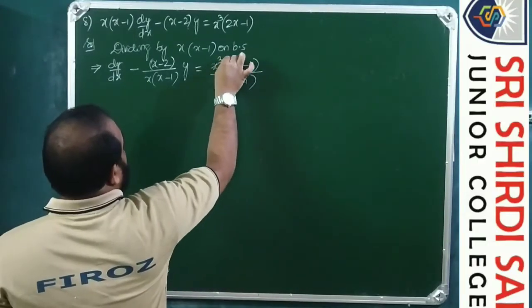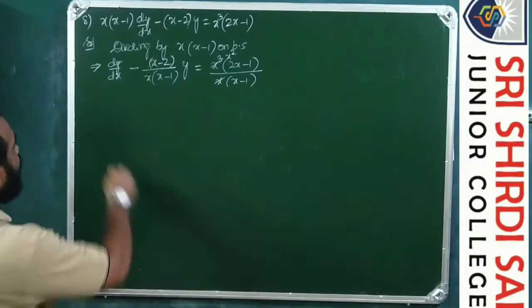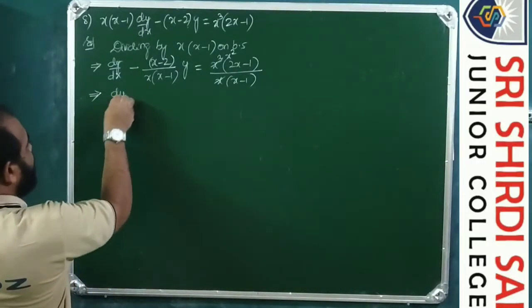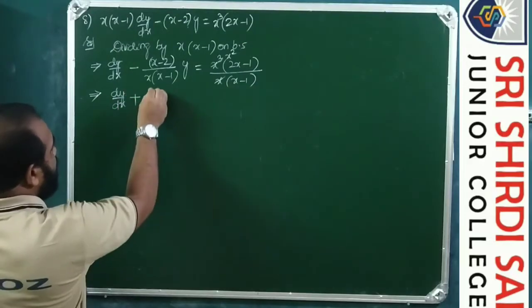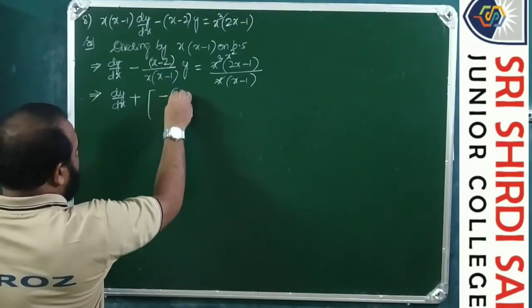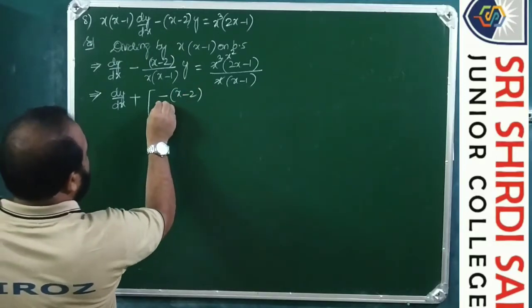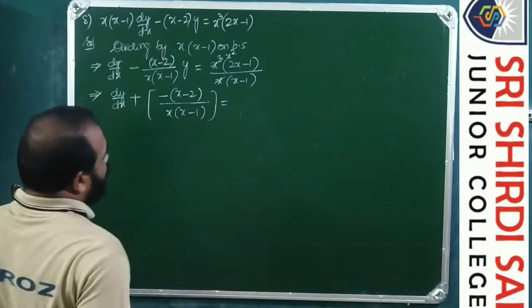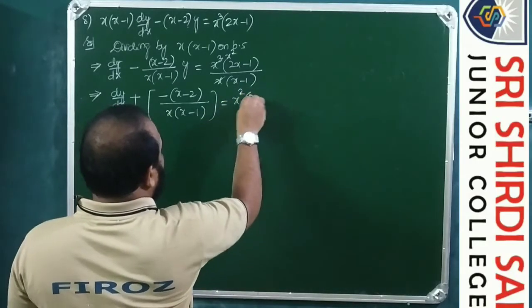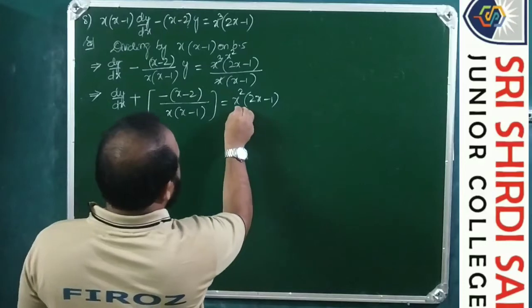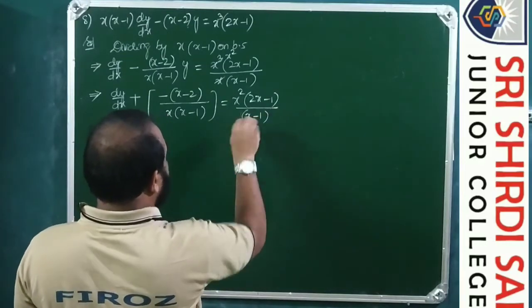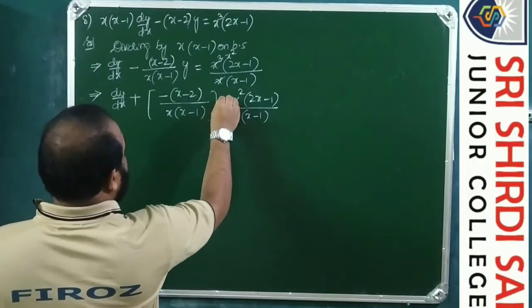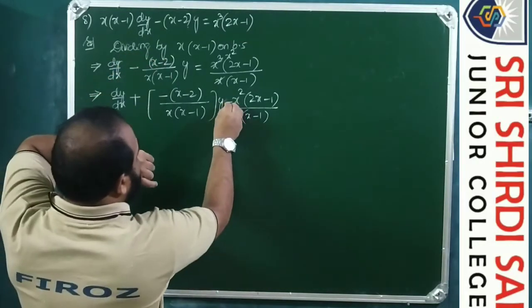So x square times, this is equals to dy by dx plus minus of x minus 2 by x into x minus 1 into y is equals to x square into 2x minus 1 by x minus 1.